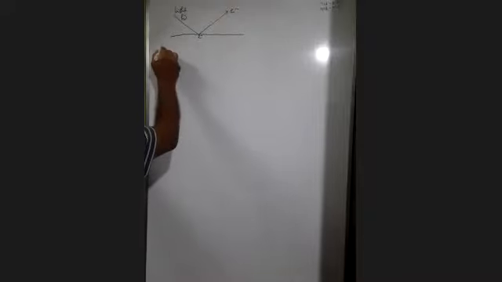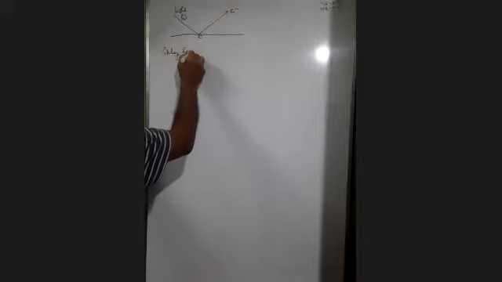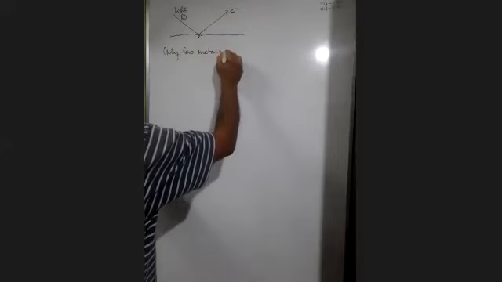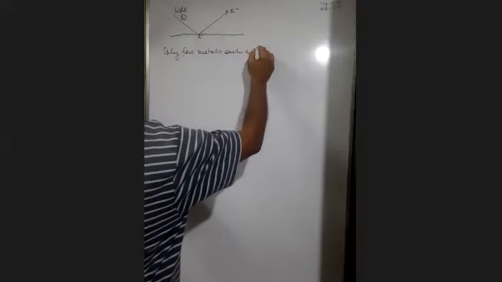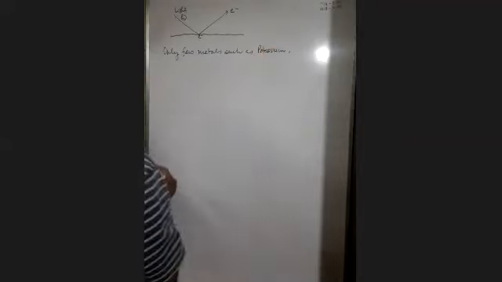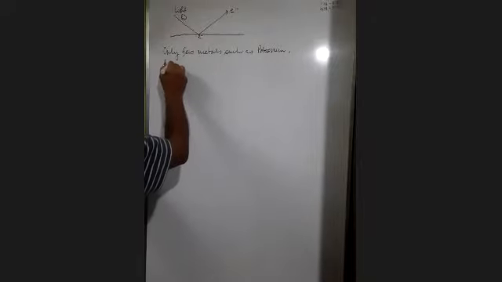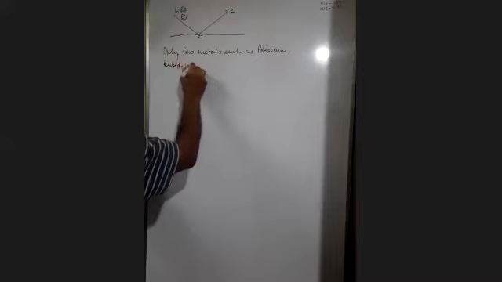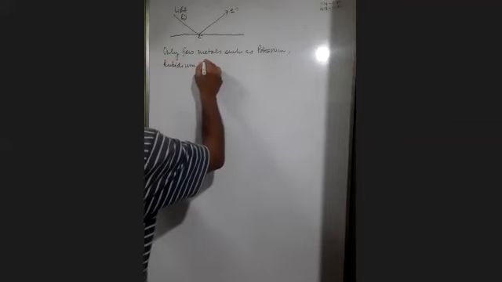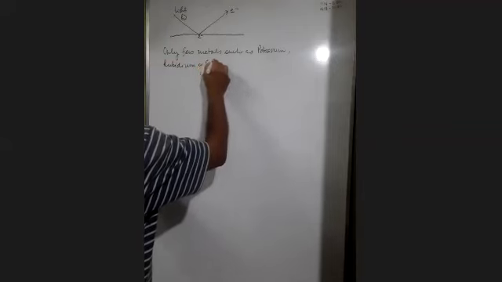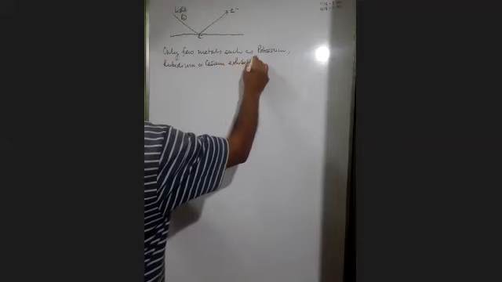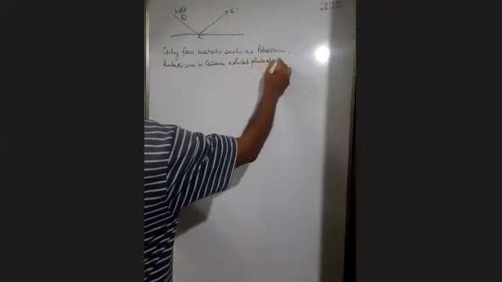So what will we write now here? Only few metals such as potassium, rubidium, or cesium exhibit photoelectric effect.